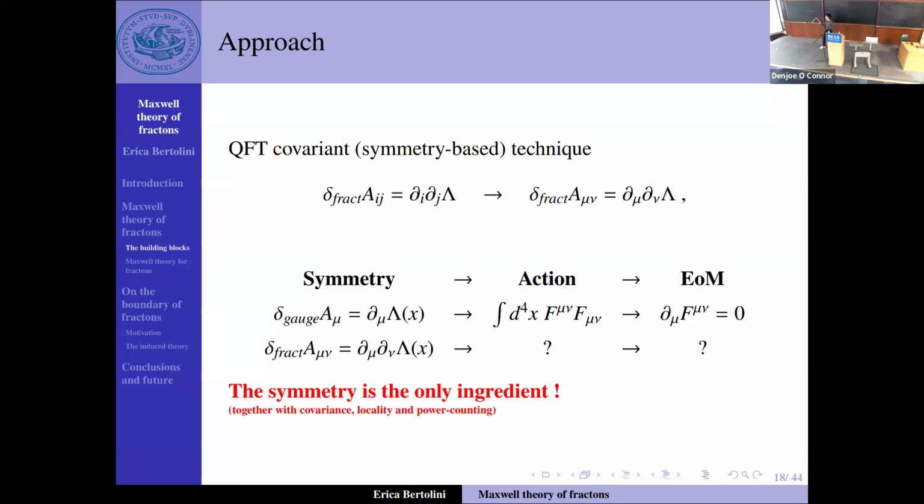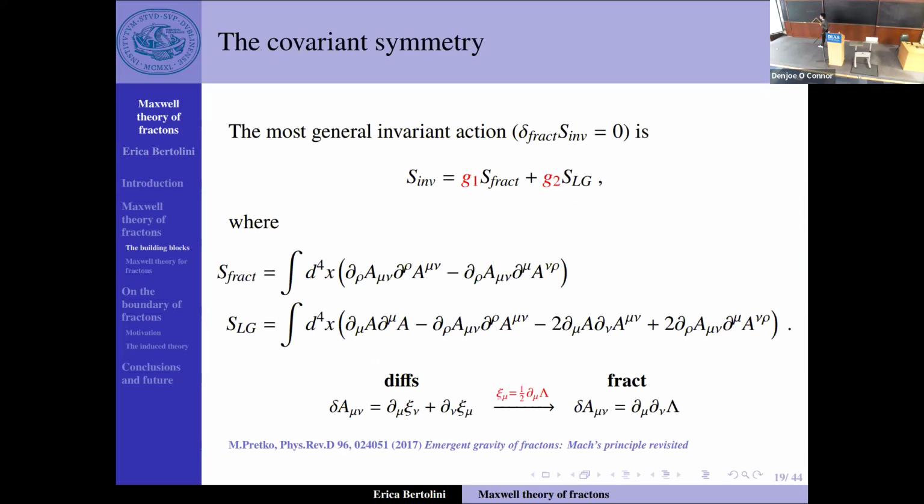So here the symmetry, locality, power counting, and covariance are the only ingredients. By asking what's the most general invariant action of this symmetry, we get this first result. The space of invariant functionals has dimension 2. We have 2 dimensionless parameters, G1 and G2, one of which can be reabsorbed by the definition of fields.